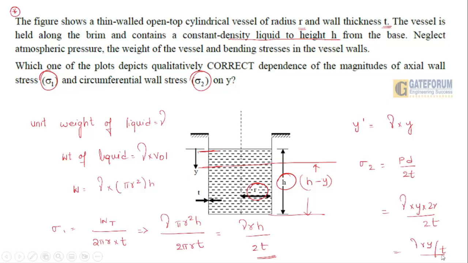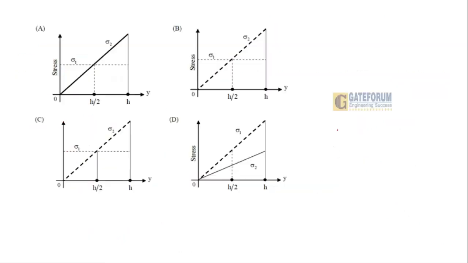So when you plot the graph, this is your normal stress sigma 1, and this is the condition where you get gamma R H by 2t.